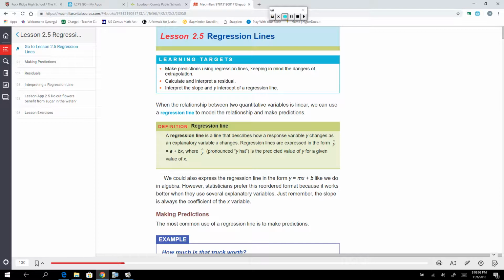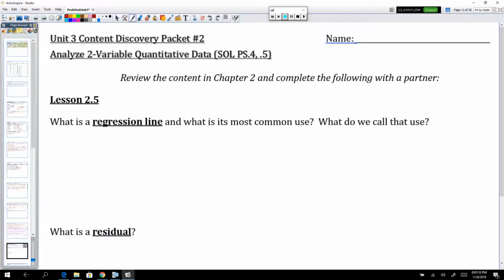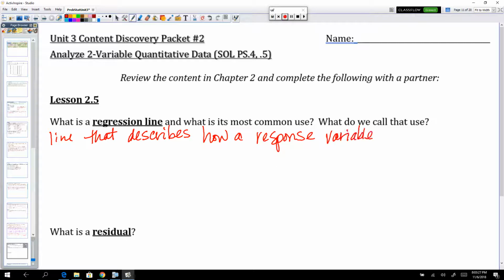So hopefully you've been able to gather from the book that a regression line is a line that describes how a response variable changes as the explanatory variable changes.